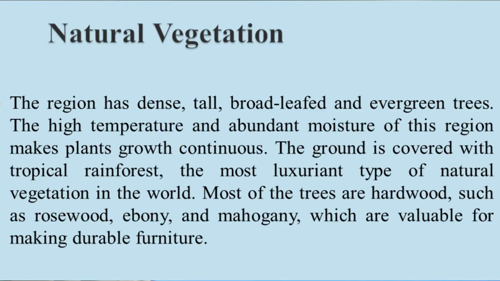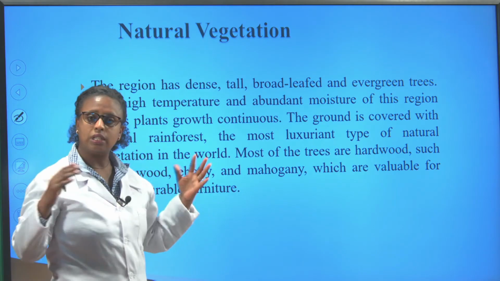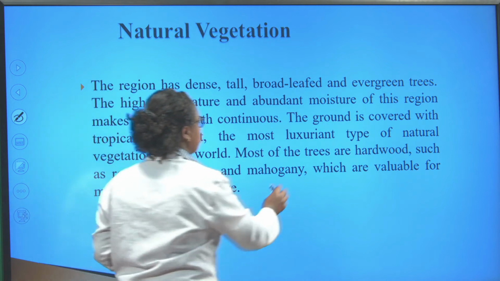Let us see the natural vegetation of the equatorial rainforest region. The conducive temperature and abundant moisture help plants to grow continuously. The region is covered by dense tropical rainforests. Most of the trees are luxuriant vegetation.